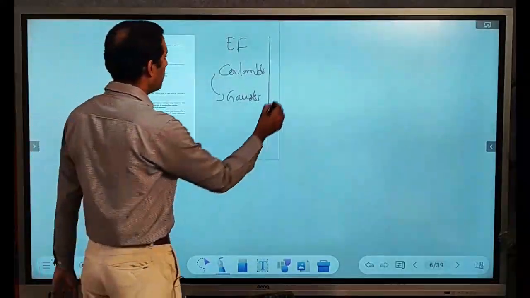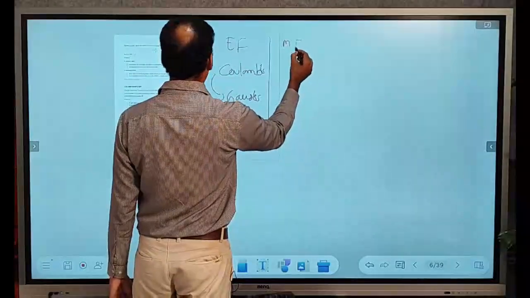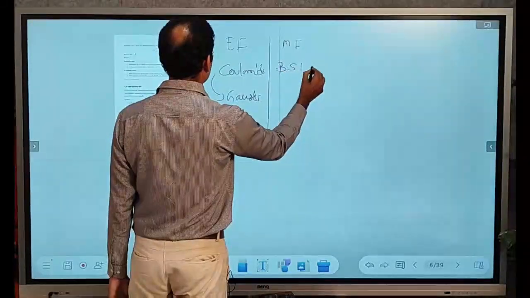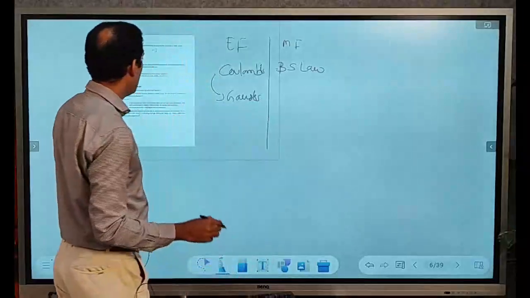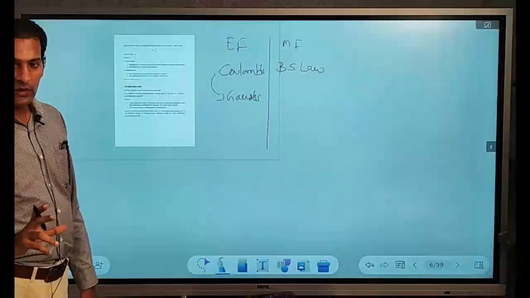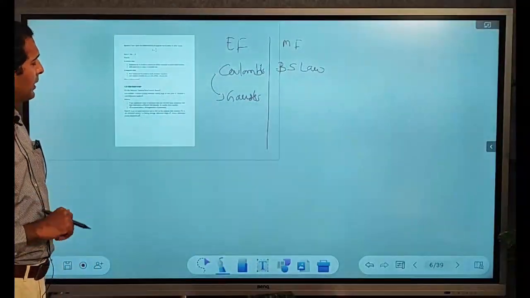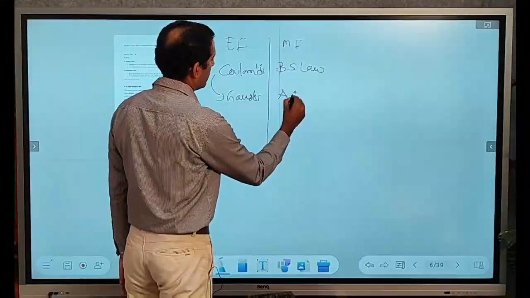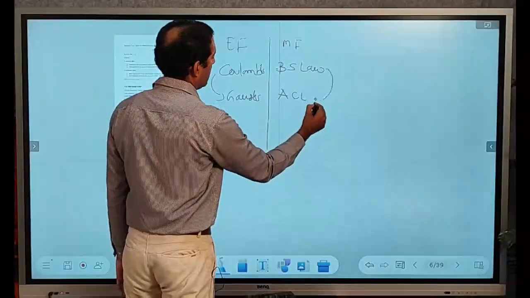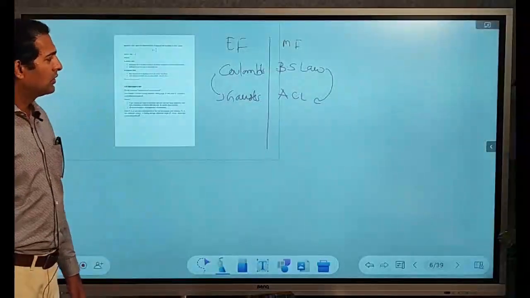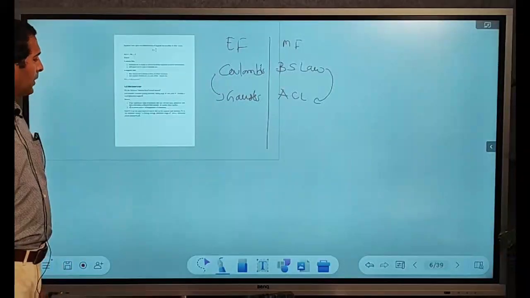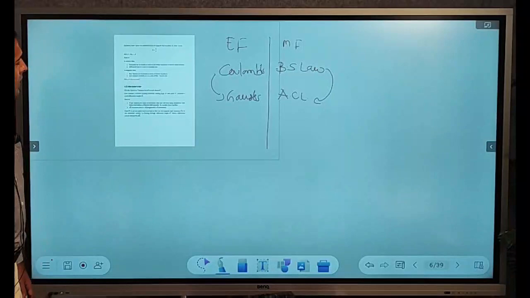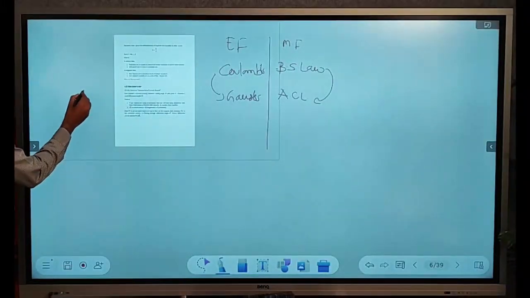In magnetic field what do we do? In magnetic field we consider Biot-Savart's law as the basic law like Coulomb's in electric field, and Ampere's circuital law as a further extension of Biot-Savart's law. So first let us discuss Biot-Savart's law, and a few more things before proceeding.